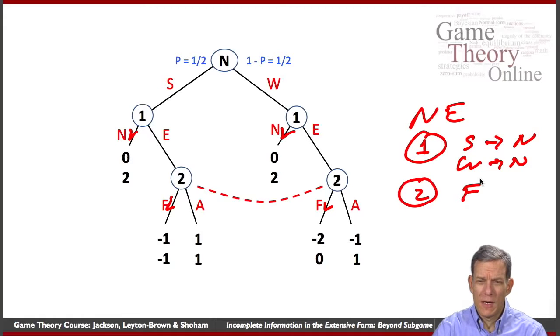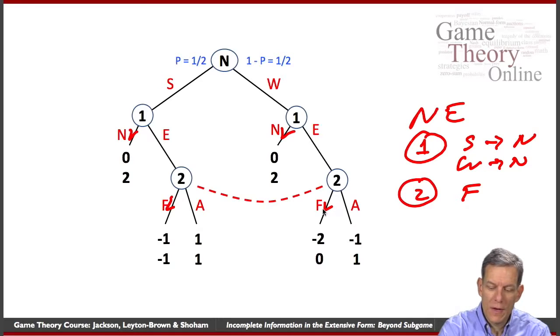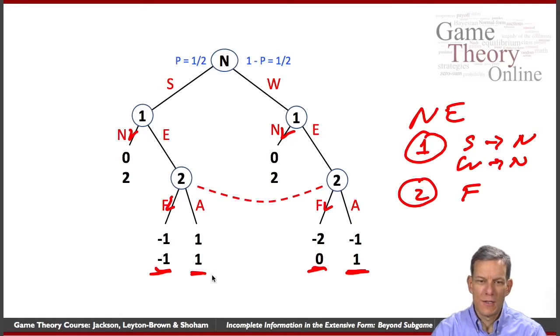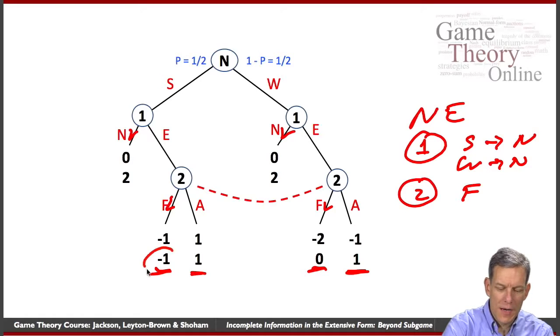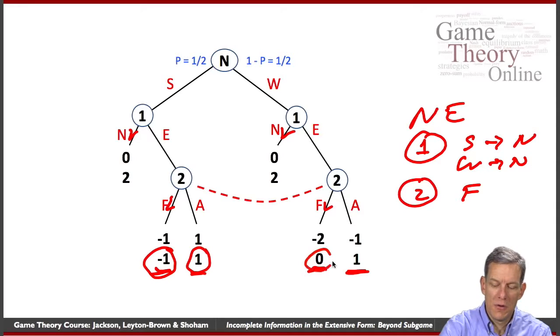What's strange about that equilibrium? What's strange about that equilibrium is if you look at the fight decision of player 2, the fight decision is essentially a dominated strategy in the sense that it gives -1 if the player is strong compared to 1 if they were acquiescing, and 0 if it's against a weak, whereas 1 if they acquiesced.